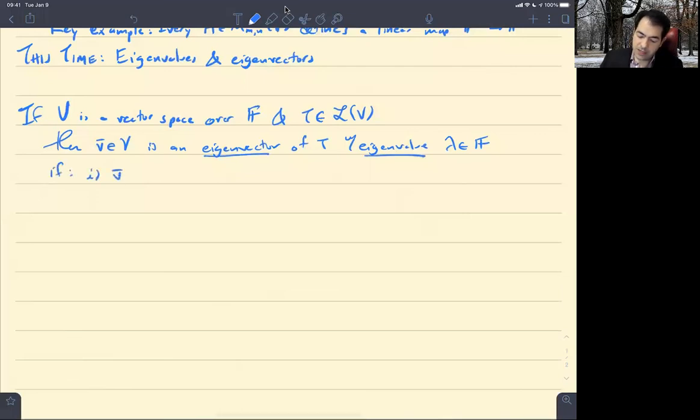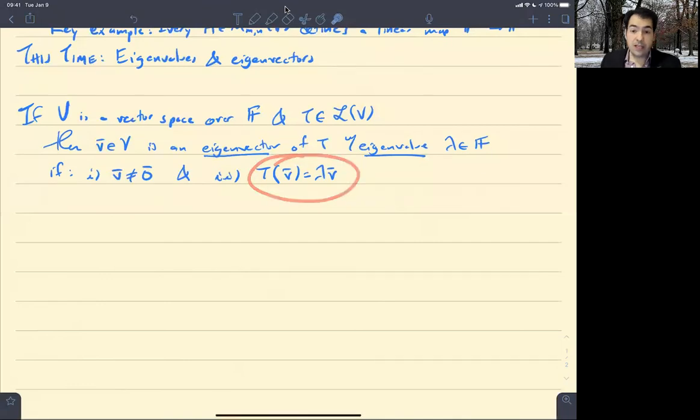First, v is not the zero vector, and two, T of v is equal to lambda times v. Okay, so this is the key property we want. T of v is equal to lambda v. This tells us that the linear transformation acts on this vector in the simplest way, right? It just scales it. It just multiplies it by a scalar lambda.